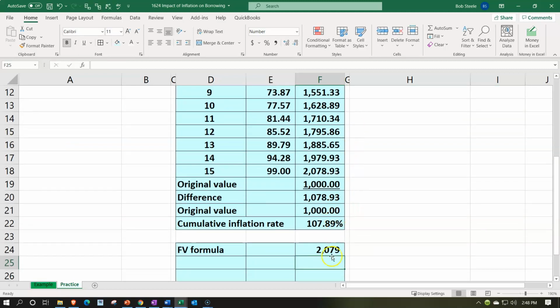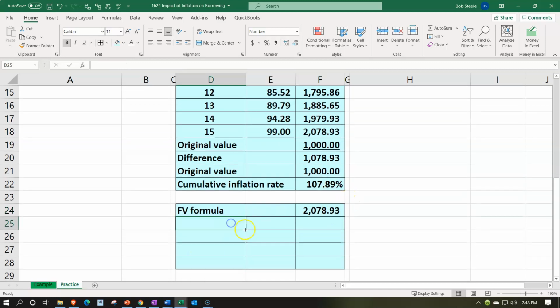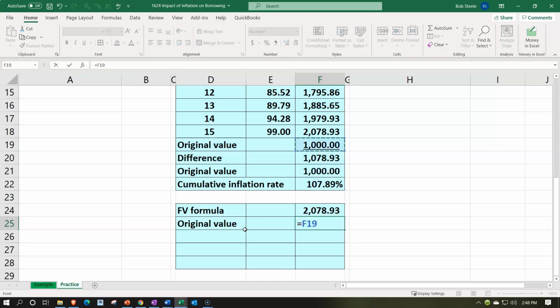So let's add a couple decimals there. That gets us to, once again, that 2,078.93. And then you could do the same kind of calculation we did up top. If I compare that to the original amount, the original investment, which was the 1,000, we have a change over that 15-year time period. I'll add a couple decimals here to make it even. Font and underline. We have the difference, or the change, which is going to be equal to the 2,078.93 minus the 1,000, adding a couple decimals there.